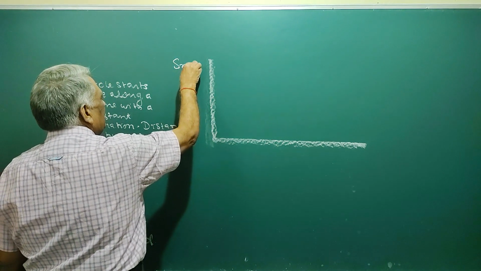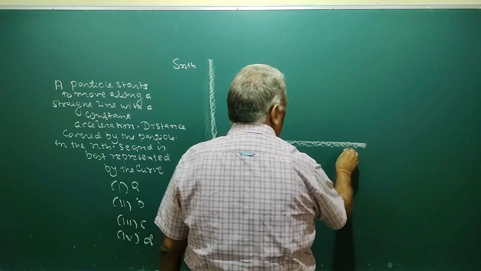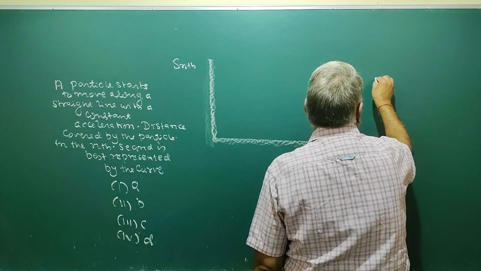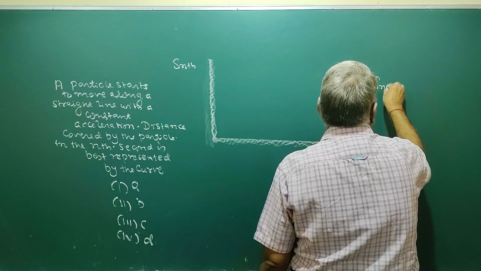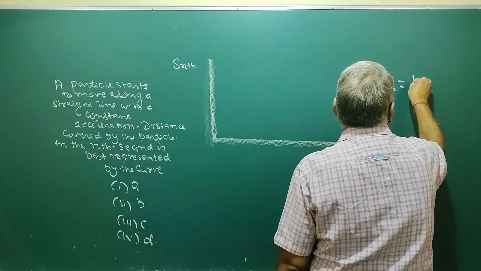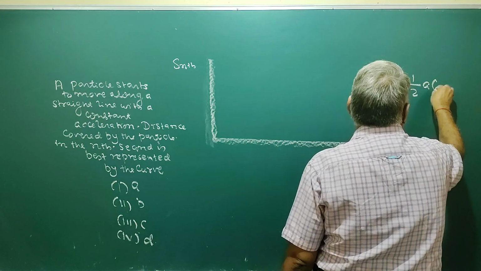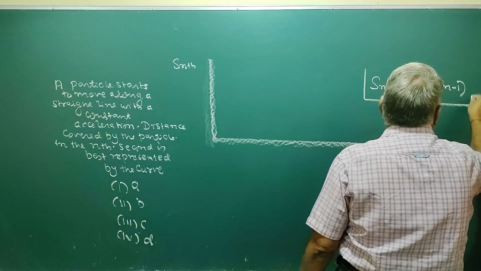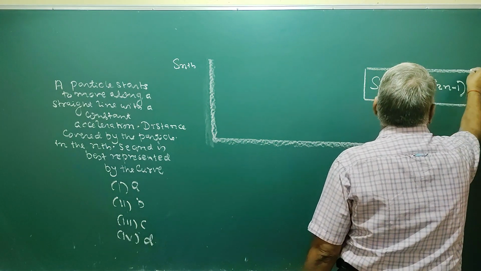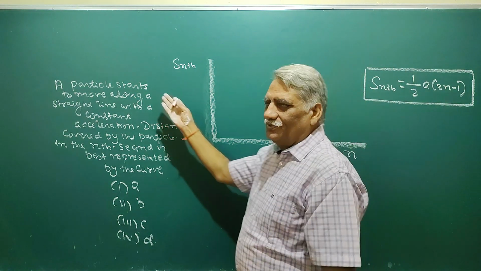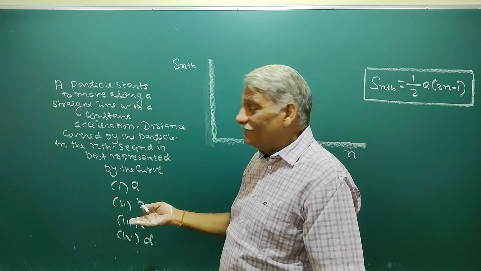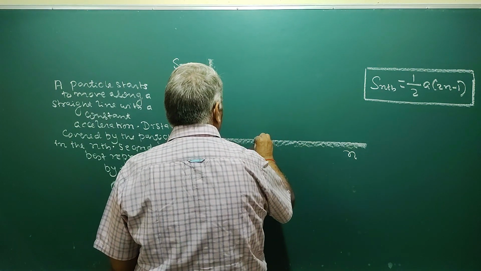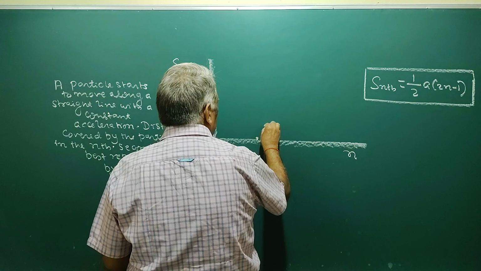S_nth को y-axis पर प्लॉट किया, n को x-axis पर प्लॉट किया. The equation is S_nth is equal to u plus half a (2n minus 1). प्रॉब्लम में दिया हुआ है starts to move, initial velocity zero. ऑप्शन लाइक दिस.